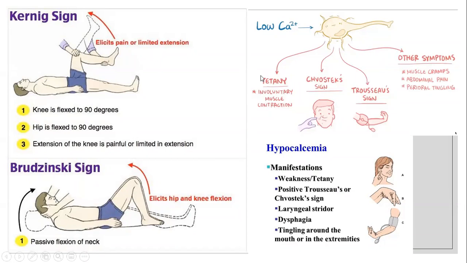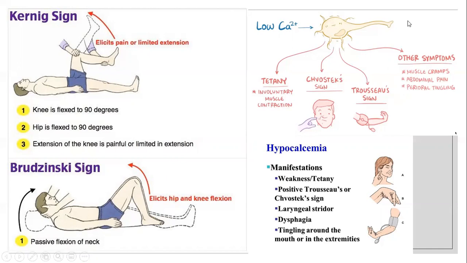So, as I told you, tetany is involuntary muscle contraction because of low calcium. The Chvostek sign is supposed to be positive: the examiner taps the facial muscle and there is spasm of the facial muscle. And also Trousseau's sign, carpal spasm when the blood pressure machine is induced by the cuff.